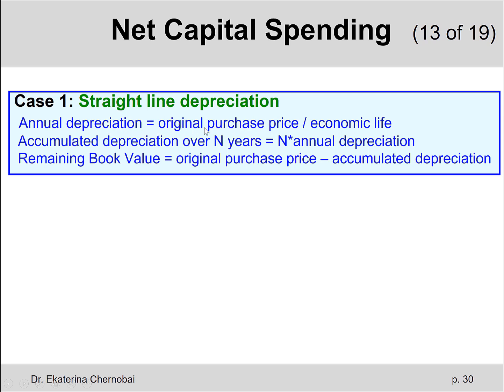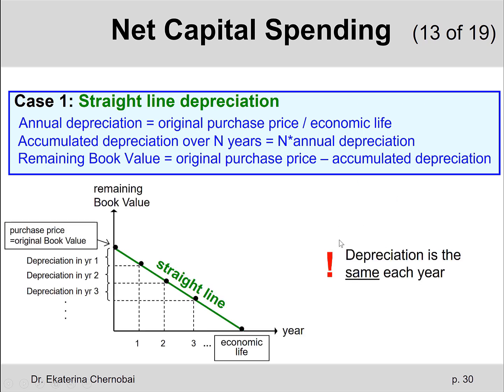So this is how much value is lost every year. Same amount every year. And this is actually the key. The depreciation is the same every year. So if you imagine having the purchase price as your original book value, then you can imagine going downstairs, with steps having the same height, right?